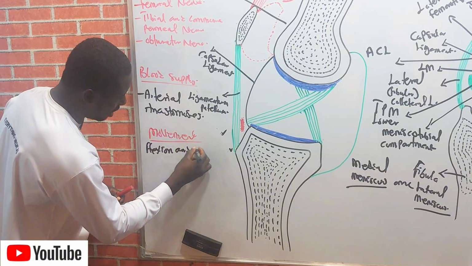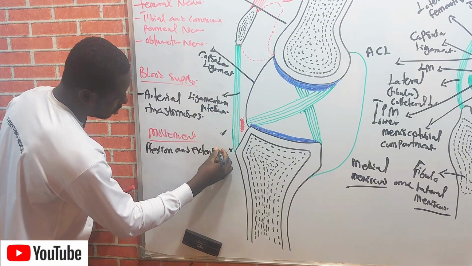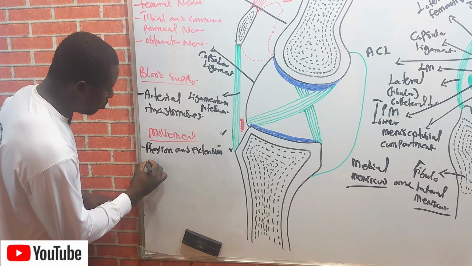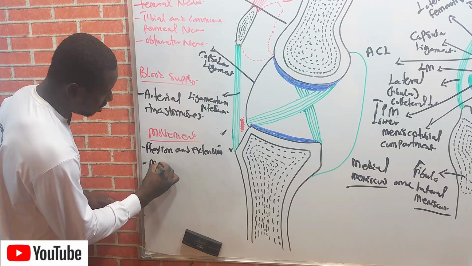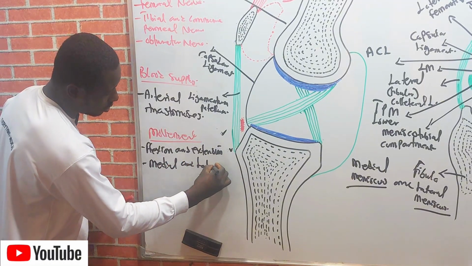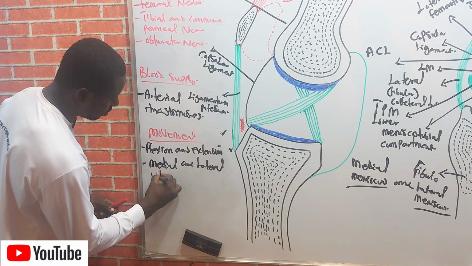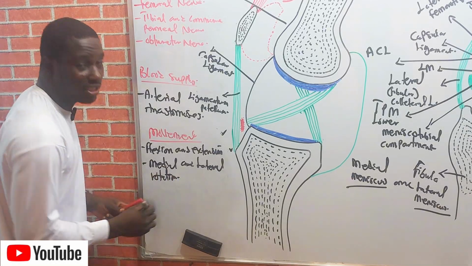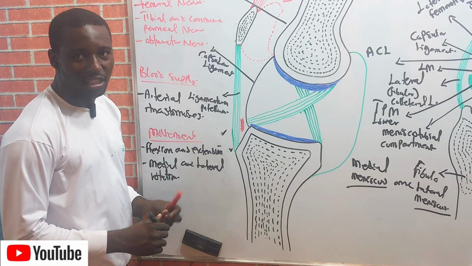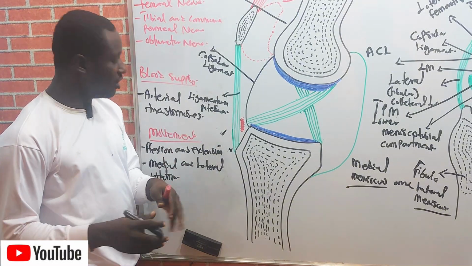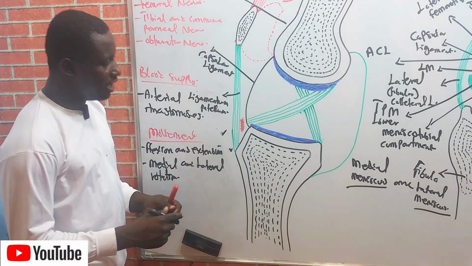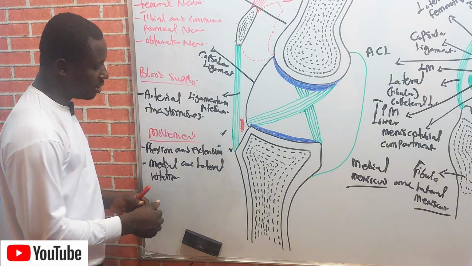Number two movement is medial and lateral rotation. But this is a conjunct movement. It is not the principal movement of the knee joint. Flexion and extension are the principal movement of the knee joint. You get. So that is how it is being done.